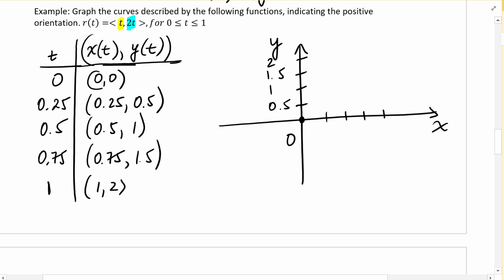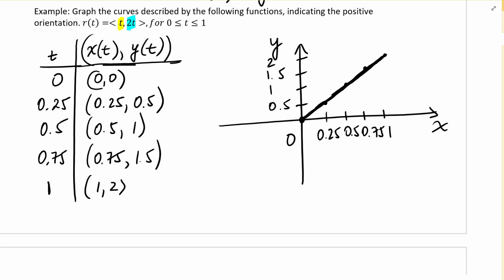So 0.25, 0.5 is this point, 0.5, 1 would be this point, 0.75, 1.5, and 1, 2. So basically the curve is actually a straight line, it's actually a segment, right? Because it's just between 0 and 1. And the positive orientation, well, it goes up from left to right.